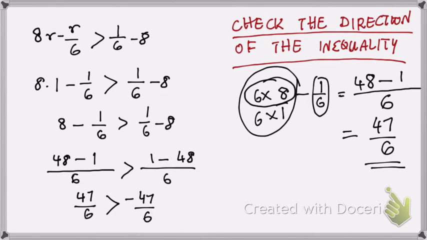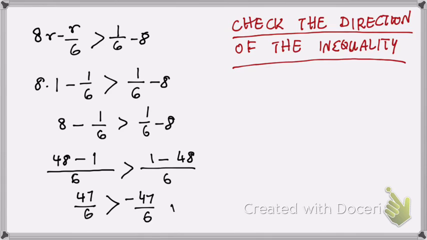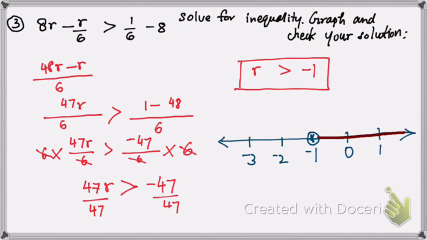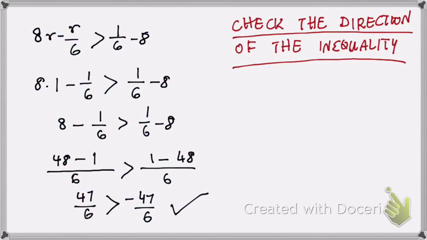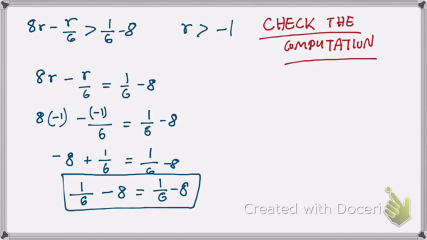So this is correct. So the inequality is correct, and this is how we check the solution. Here you are asked to check the solution as well, and this is how you check it. If you want to go back and take a look at the solution, which is r is greater than -1, we already tried 1.